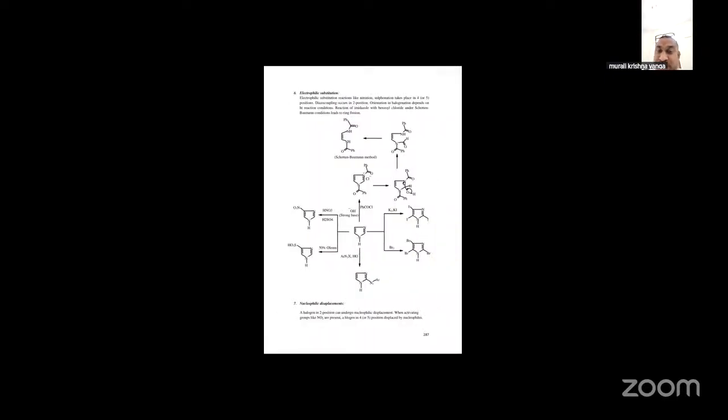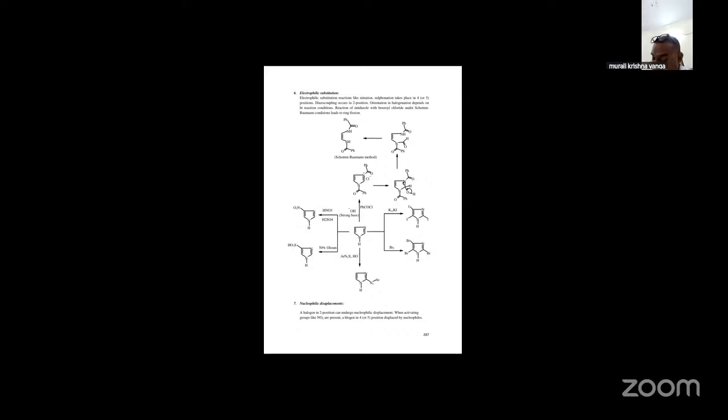Reaction at second position: metallation takes place at the second position. Electrophilic substitution reaction at the C4 or C5 position, such as nitration, sulfonation, bromination and alkylation, etc.